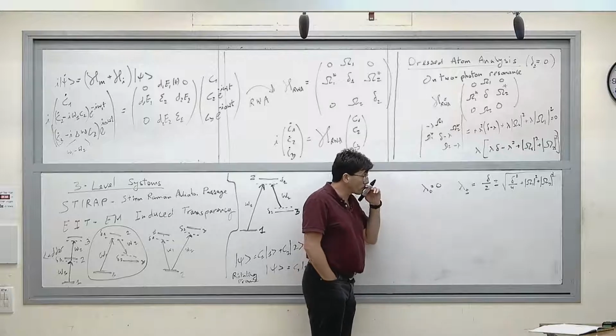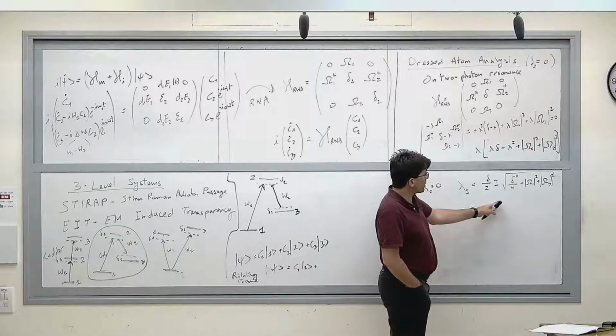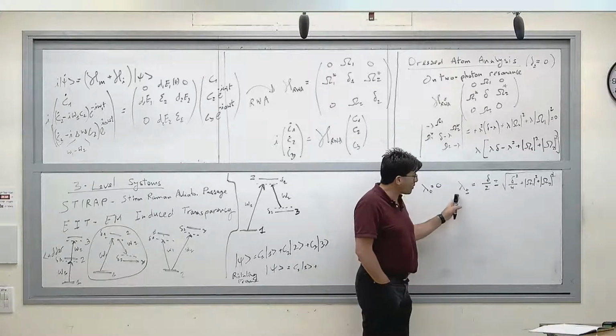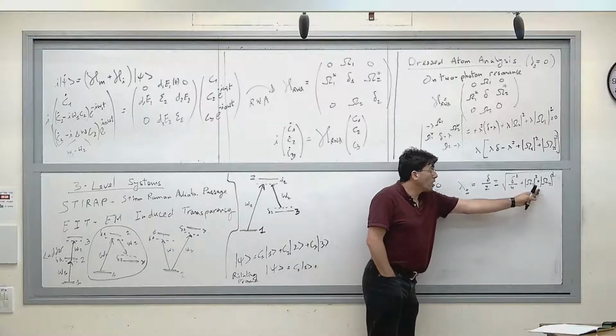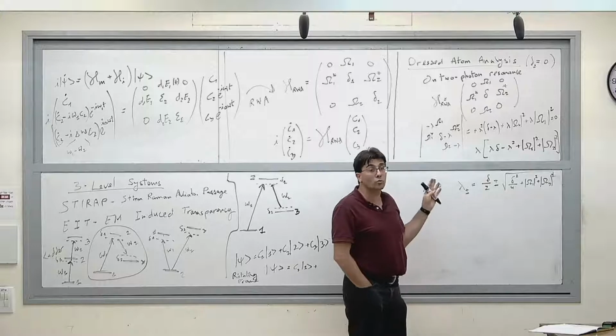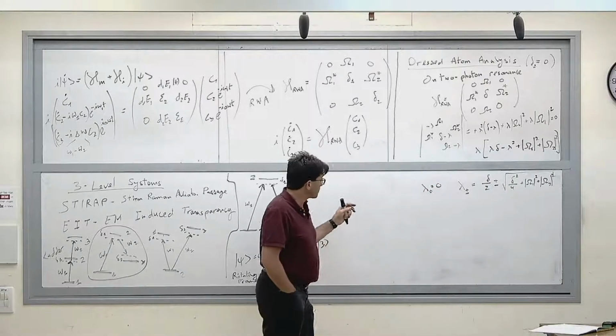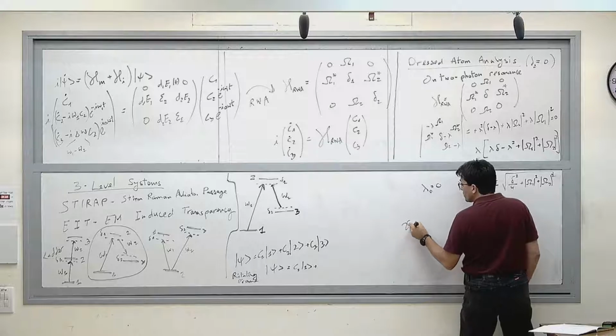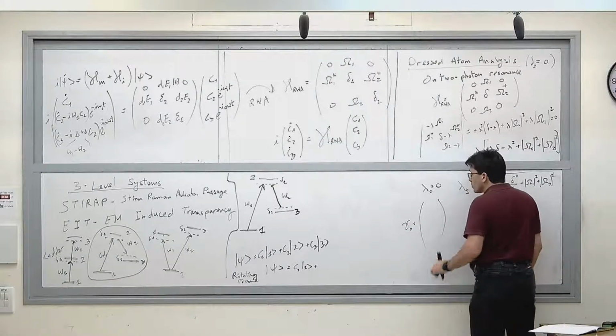And there are other two eigenstates that have an eigenvalue that does depend on the field and on the detuning. Now, what is this vector V0?